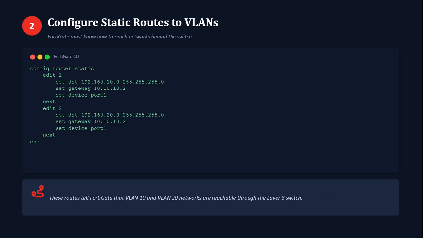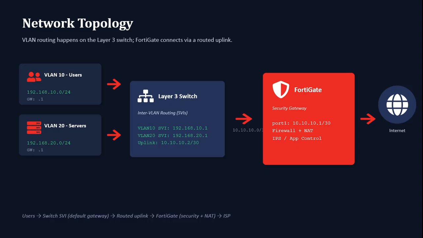Once that is done, configure static routes to the VLANs. Basically in config router static, you can type edit 1 or 0, set destination 192.168.10.0/24, which is my VLAN 10 users.